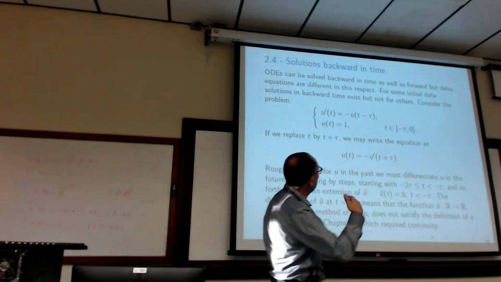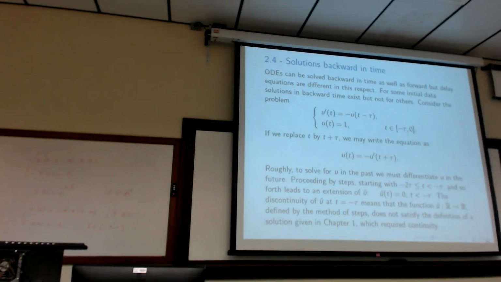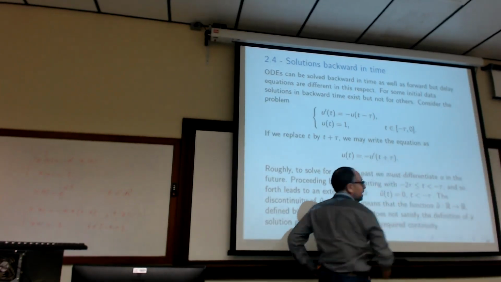It can be solved backward or forward, but with delay this doesn't work. For some initial data you can do it, but you have to be very regular, have a lot of information and regularity to come back. If not, you cannot. And this is the explanation.